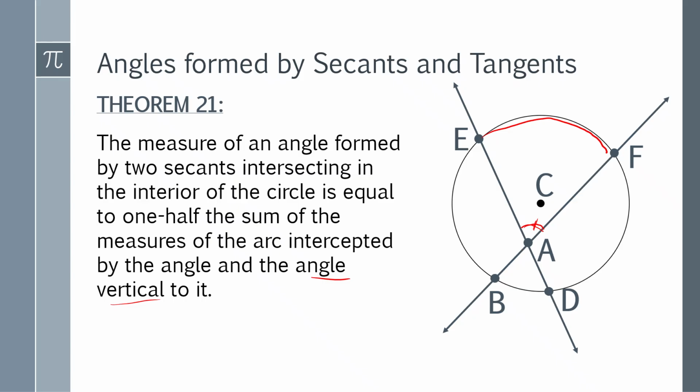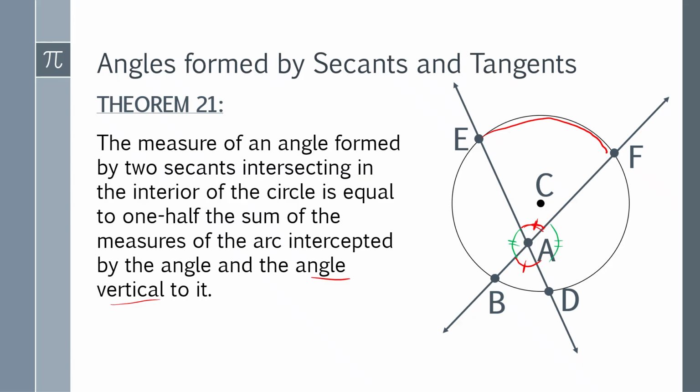So kung ito yung angle natin, which is angle EAF, ang ka-vertical angle niya is etong nasa baba. Okay? Kung itong given natin sa taas na angle, syempre, ang vertical niyan is yung nasa baba. Same with yung nasa kaliwa at kanan. Kung ito yung given angle natin, then nasa kabila ang vertical angle niya.